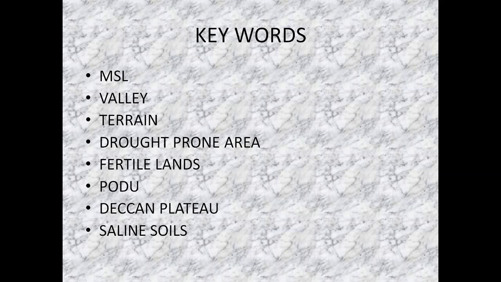And in Andhra Pradesh, the Konaseema area and some other areas in the coastal districts are fertile lands. Similarly, Podu is the type of agriculture done on the hilltops of some districts of Andhra Pradesh like Visakhapatnam, Araku and Paderu area. Similarly, the Deccan Plateau, which is covered under the Rayalaseema region, where the soils are saline and rich in minerals. So these are the keywords.